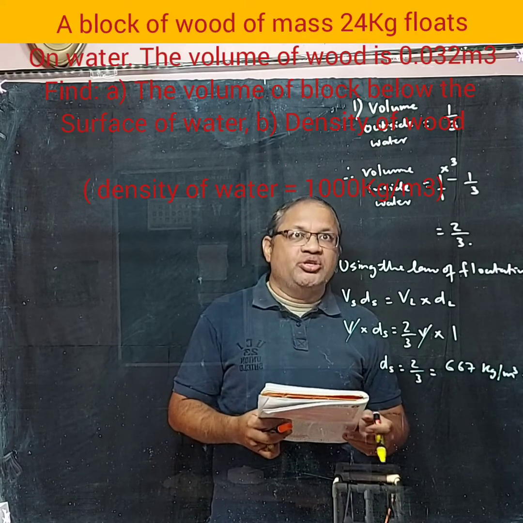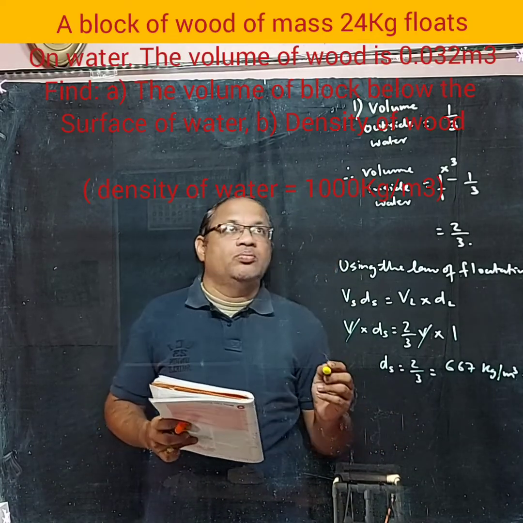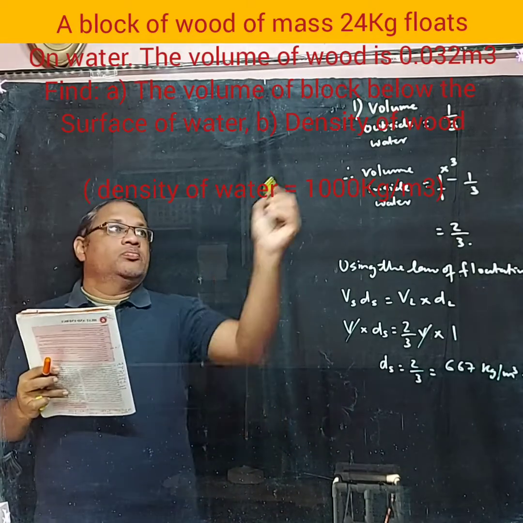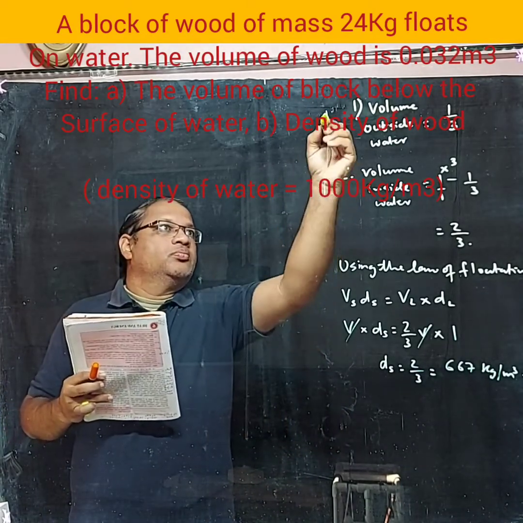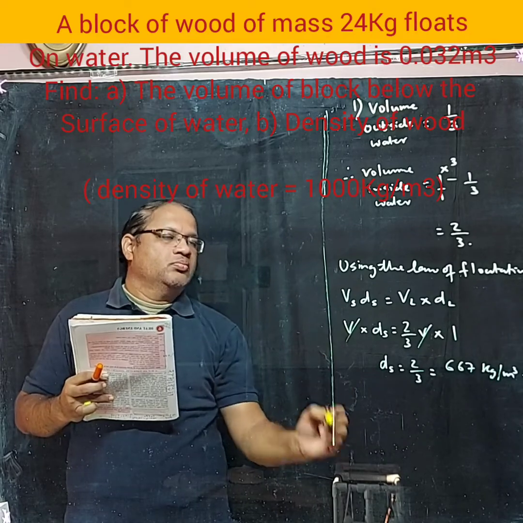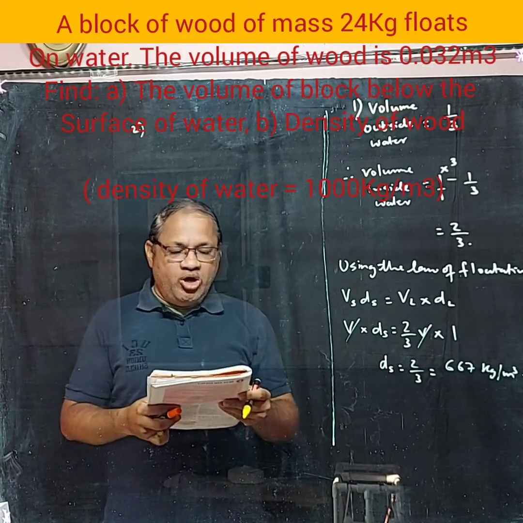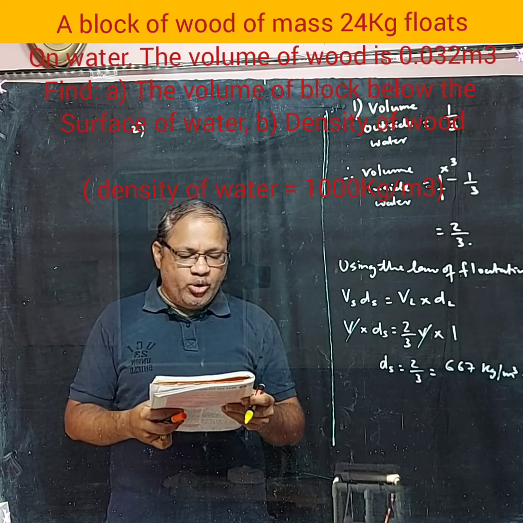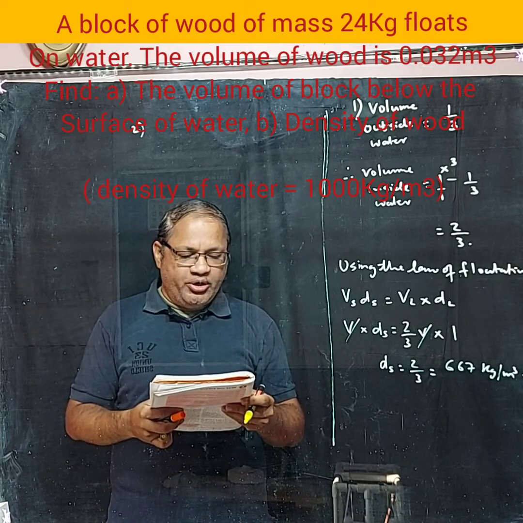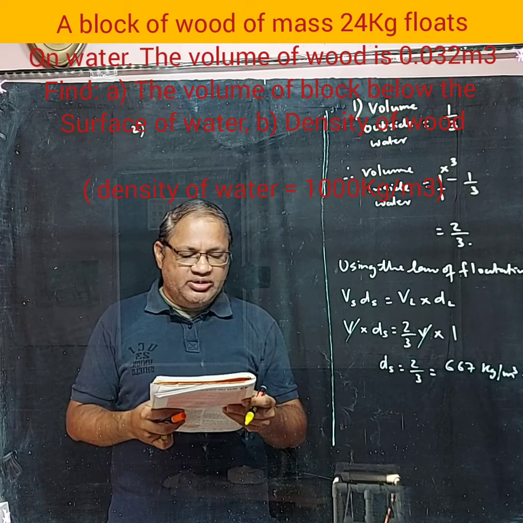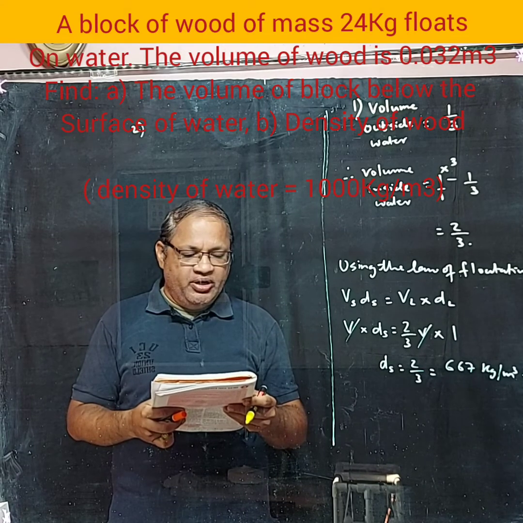Now the next question, question number 2. A block of wood of mass 24 kg floats on water. The volume of the wood is 0.032 meter cube.